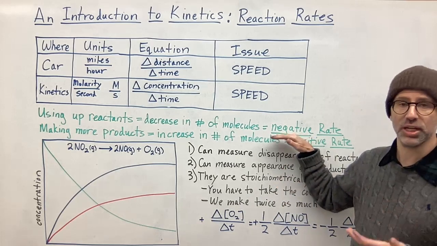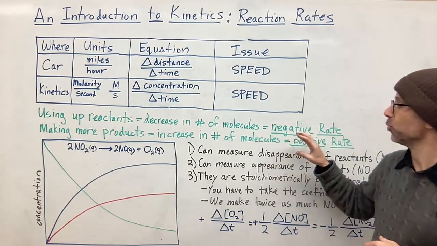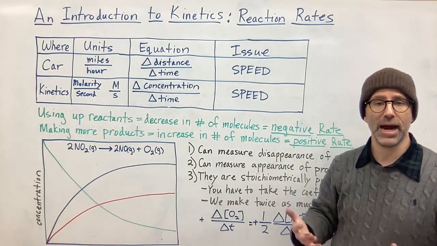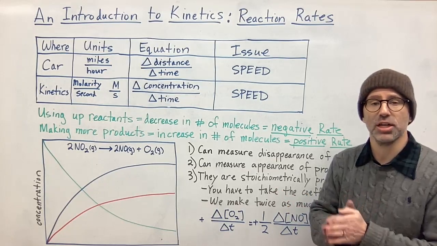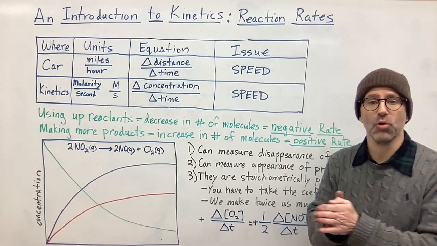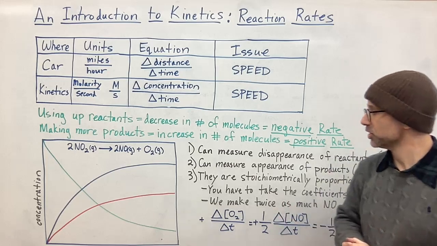And since we're losing reactants, that's going to give us a negative rate of change. But the rate of change for the reaction should be the same, although the rate of change of the concentration of products and reactants is going to depend on the stoichiometric relationships between the two. So I'll get to that in just a moment.